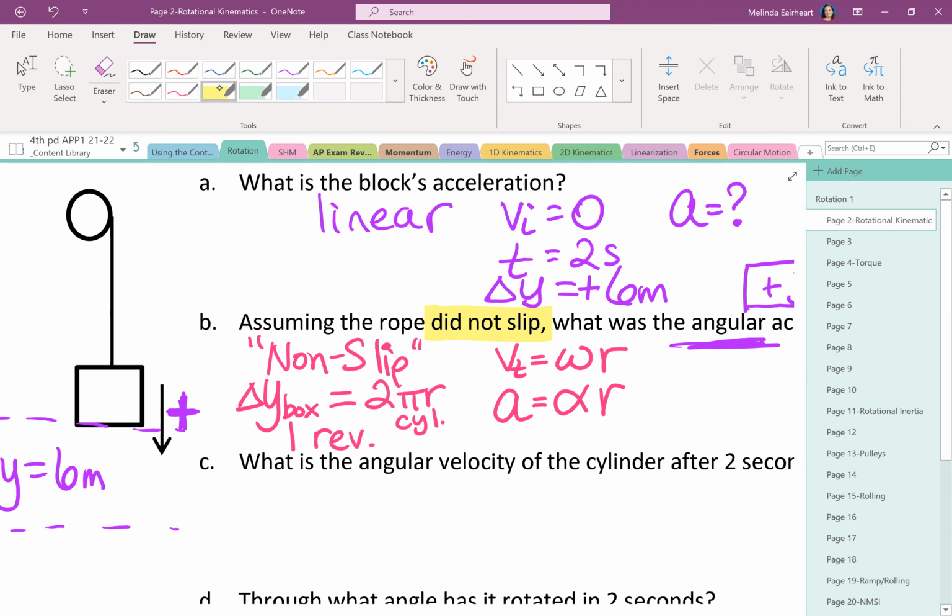And so these two equations are going to be super duper handy for rotating objects under that non-slip condition, which I would estimate, if there's a calculation to do, 99.9% of the time, it's going to say non-slip or equivalent.